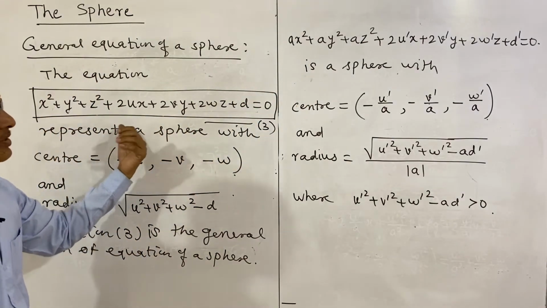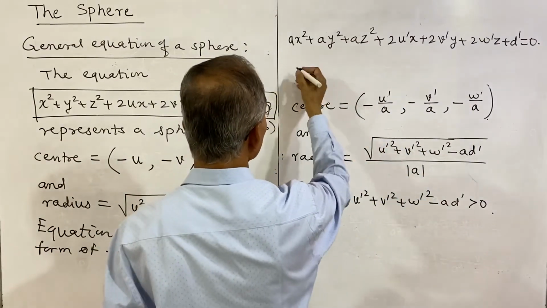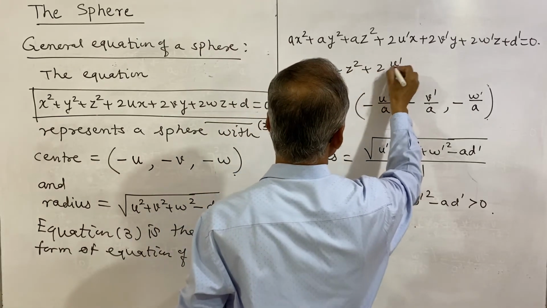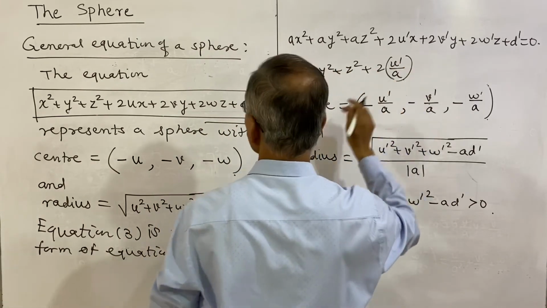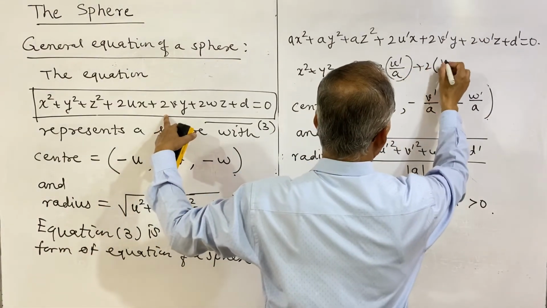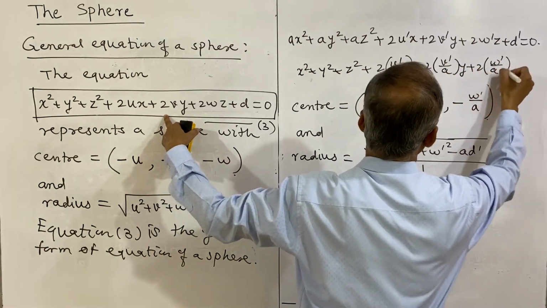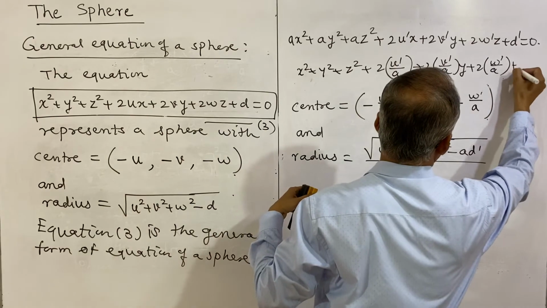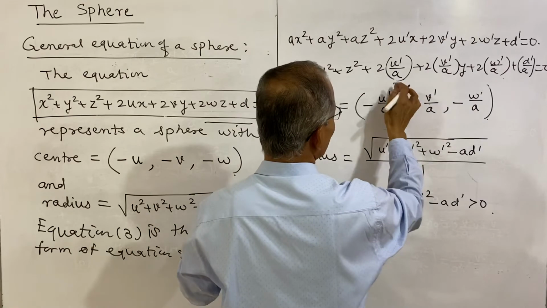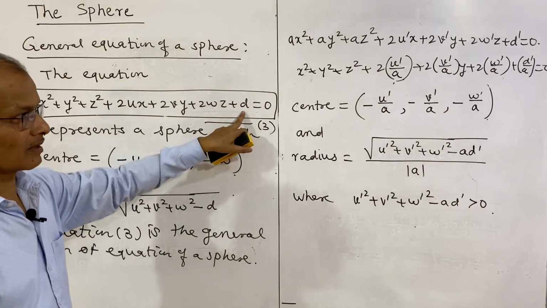And how do we convert this more general form to the general form? Dividing by a. We have written x square plus y square plus z square plus 2u prime by a, which we have taken as u, and plus 2v prime upon a y plus 2w prime upon a z, and plus d prime upon a, and these we have named u, v, w and this last term as d.